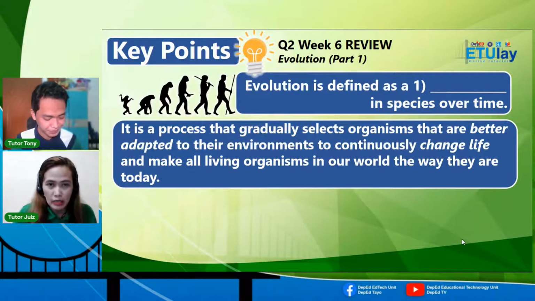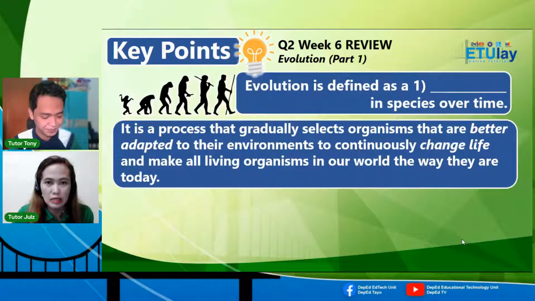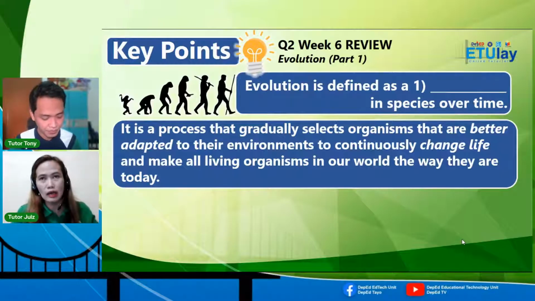So it's all about the definition of evolution. It is a process that gradually selects organisms that are better adapted to their environment to continuously change life and to make all living organisms in our world the way they are today. When we say gradually, the process that gradually selects, there is a development to the organism.